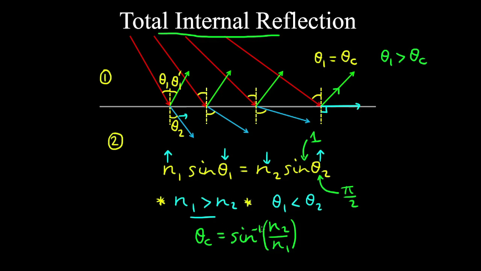So this can be seen if you take the sine of both sides. So we have n2 on n1. So therefore n1 must be greater than n2. Because remember that the range of sine theta is from -1 to 1.